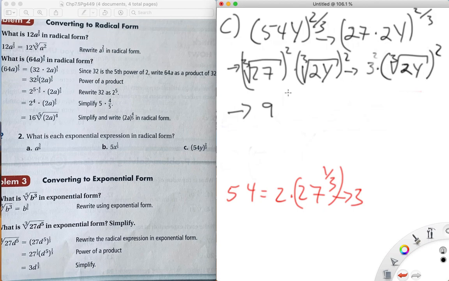And I can say that, and make it interchangeable. I can say that 3 half 2y squared.